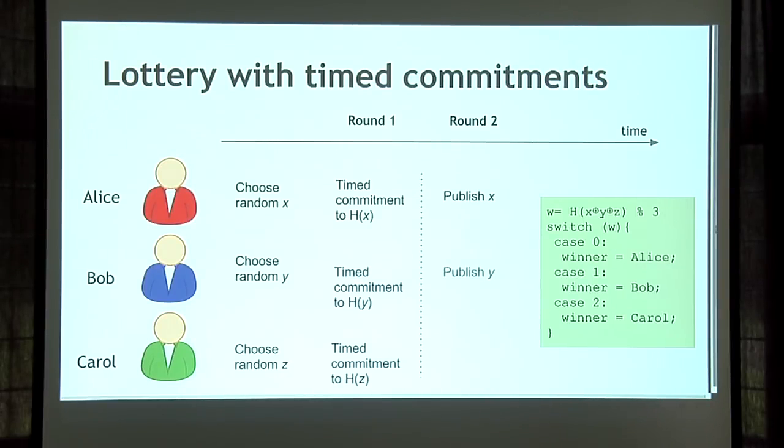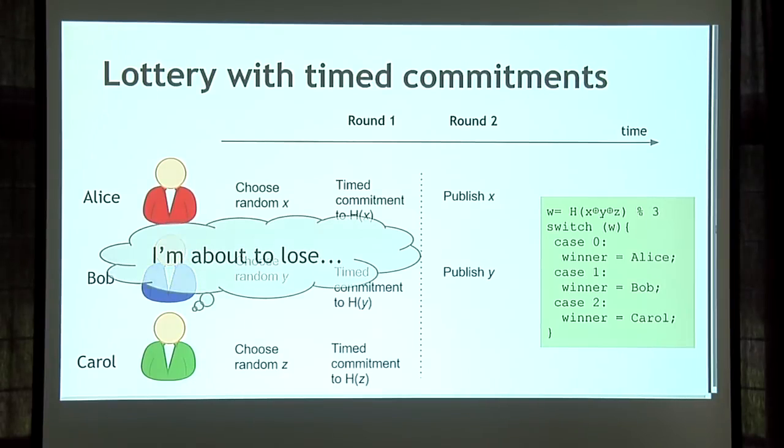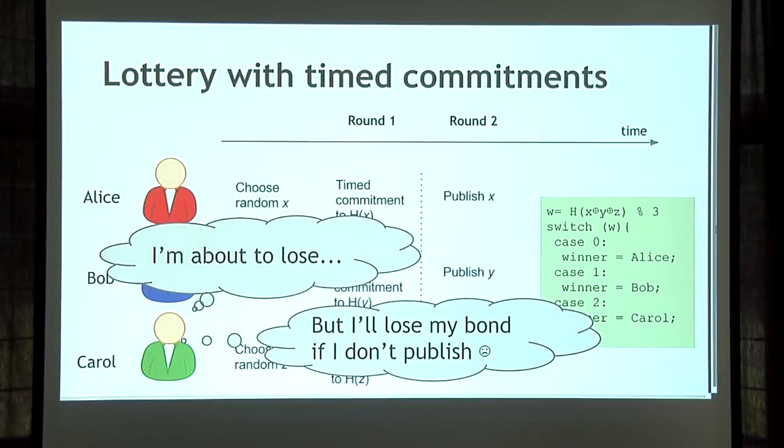So if we get into that same situation, where Carol can look at the other two parties' random values and say, I'm about to lose this lottery, the other possibility for Carol of not publishing is also not very appealing, because if she refuses to publish her random value, she's going to lose her bond anyway. So if the bond is higher than the value that's at stake in the lottery, we expect that Carol will publish her value and the lottery will go on as usual, and everybody will get their bond back.